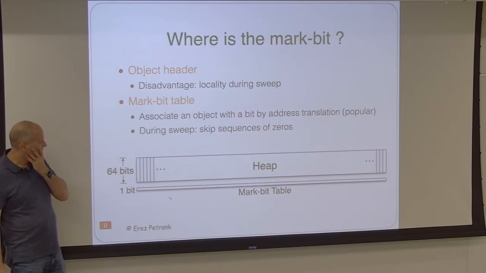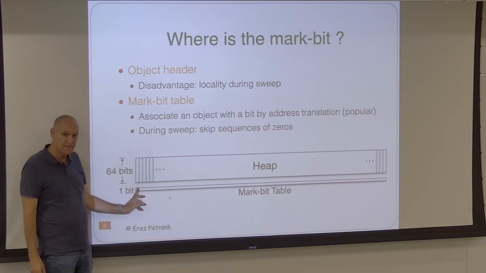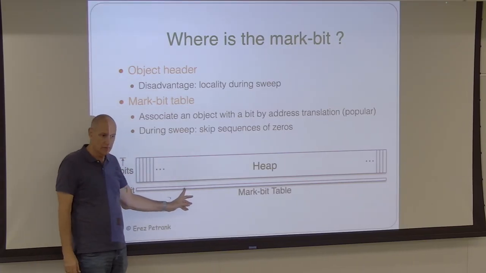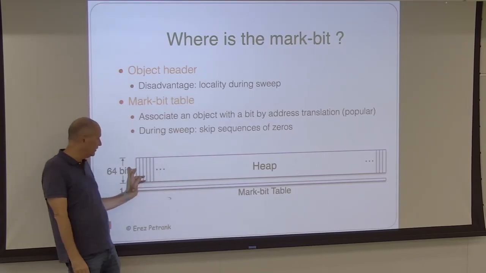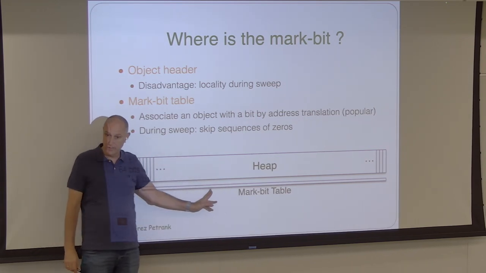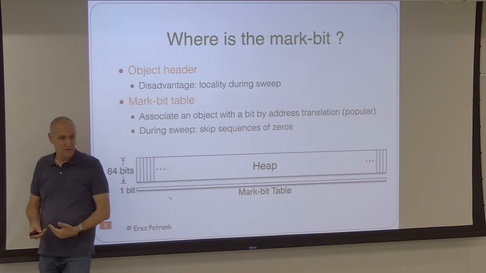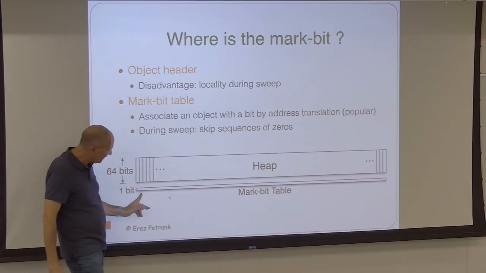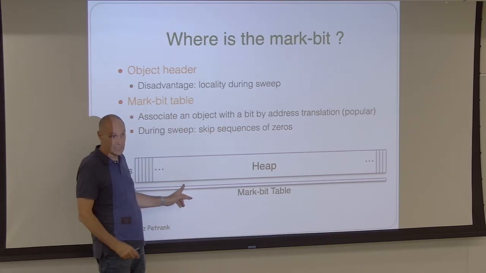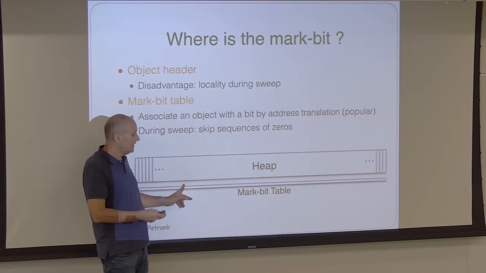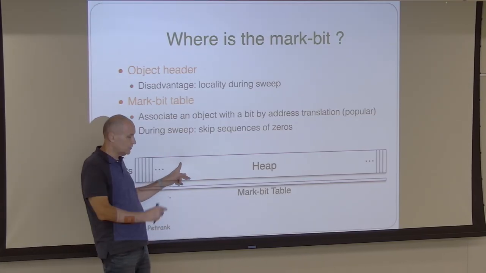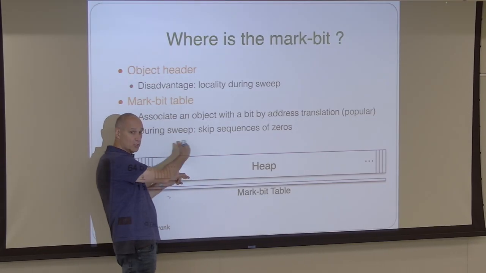During sweep, if I have this, I can go over this very small table. Instead of going over the entire heap, I go over something that is a lot smaller, which is much better in terms of locality. So I can go over large spaces, and then I find something that is actually marked and alive, and then I have to go to the heap in order to find out its length and not reclaim that.